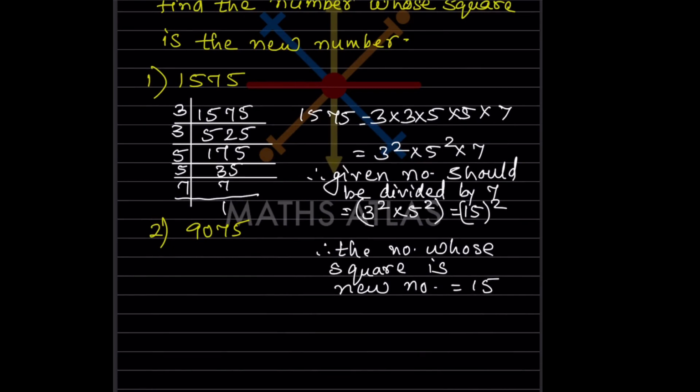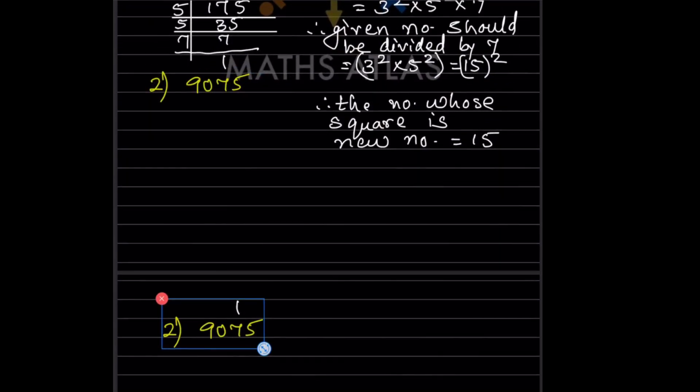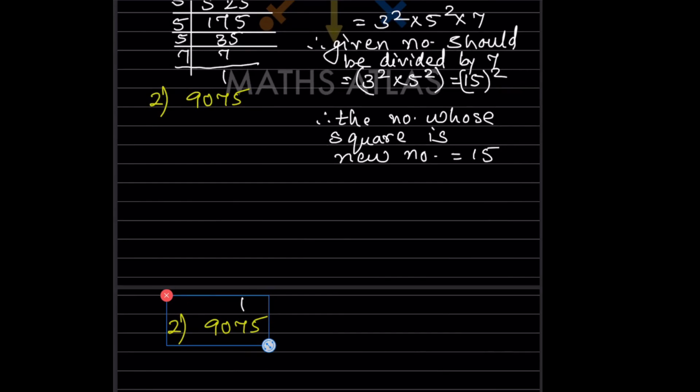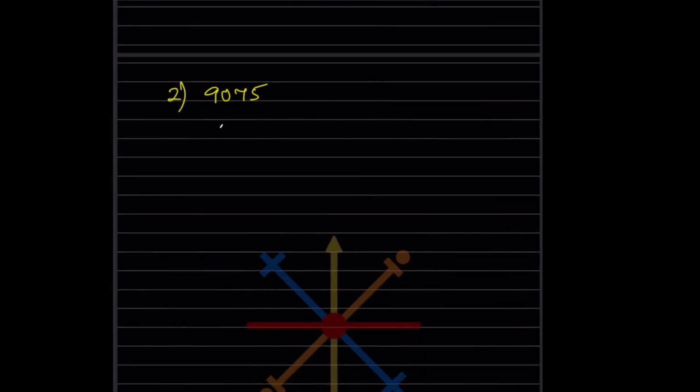So now let us see. So we can do it on the next page. Okay, so now we will do here 9075.